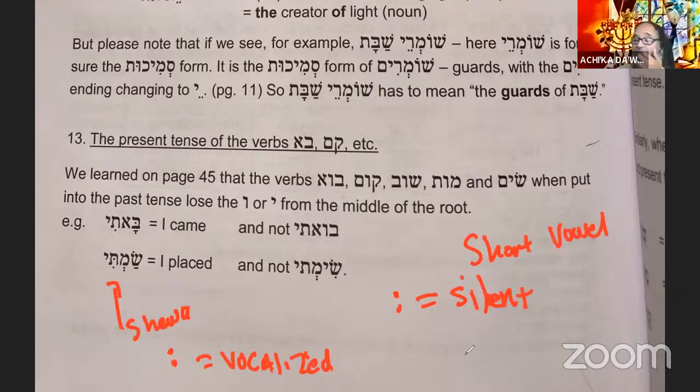It's vocal when there's a long vowel that precedes it. So you got to know your long vowels, you got to know your short vowels. And then you'll be able to say that. You'll be, oh, shanti, samti. If it was this, it'd be shamati or samati, excuse me, samati.